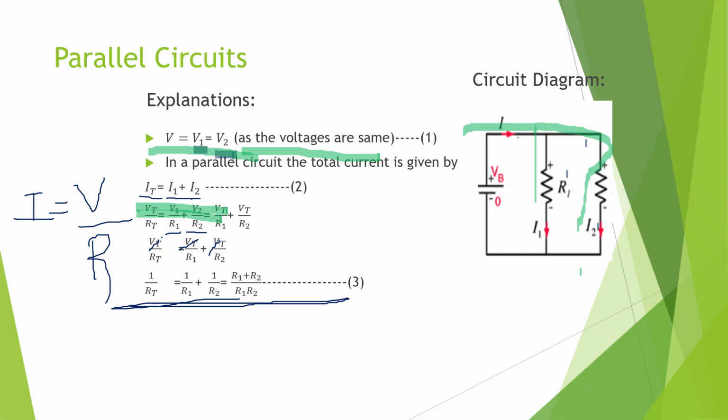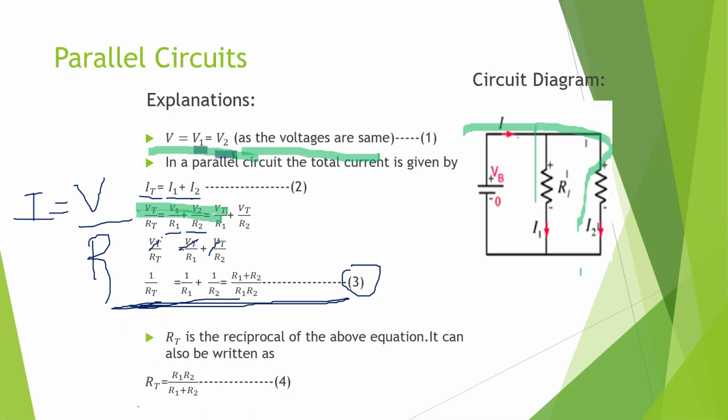It is 1 by RT is equal to 1 by R1 plus 1 by R2, which can also be written as (R1 plus R2) by (R1 into R2). The total resistance is just RT, so you take the reciprocal of equation number 3. From that we find RT is equal to R1 into R2 by R1 plus R2.